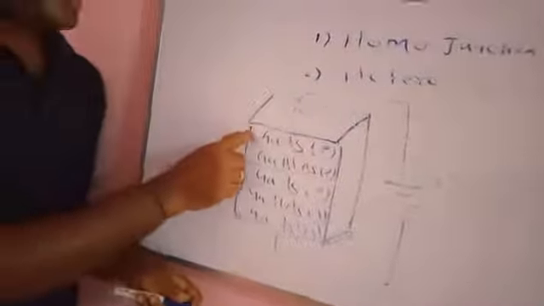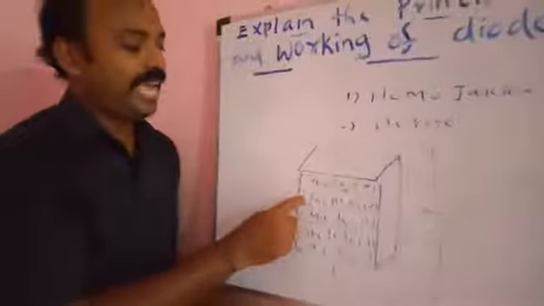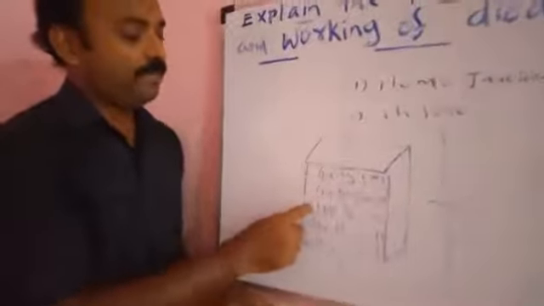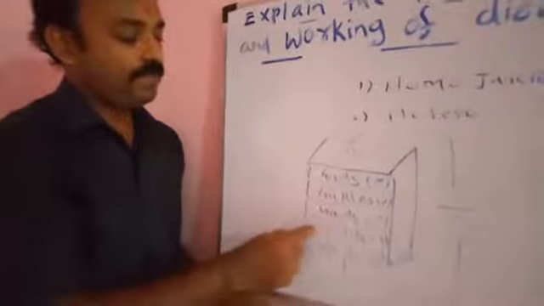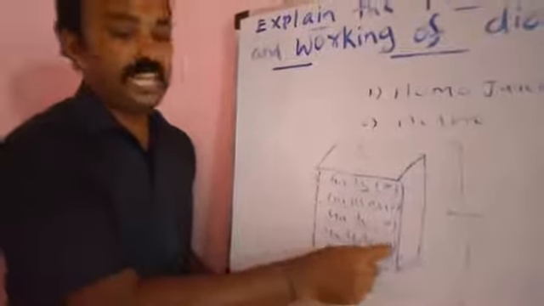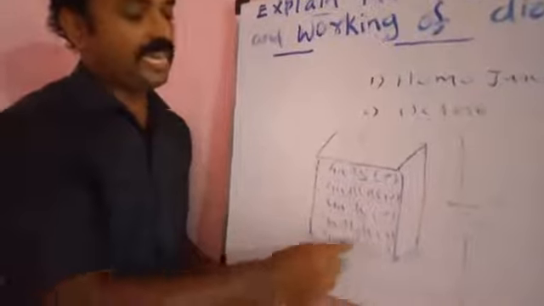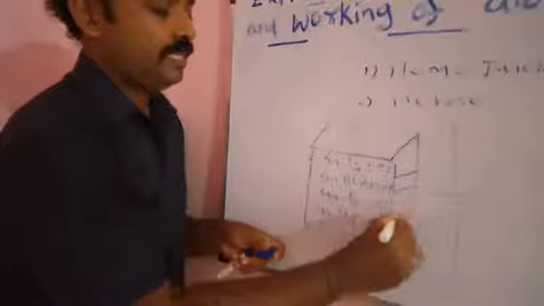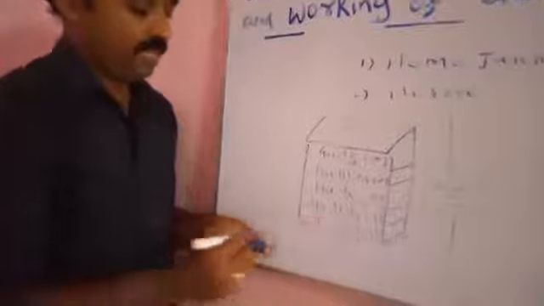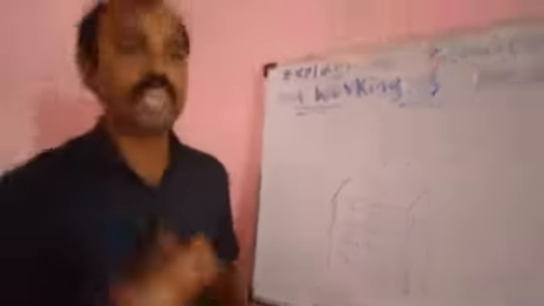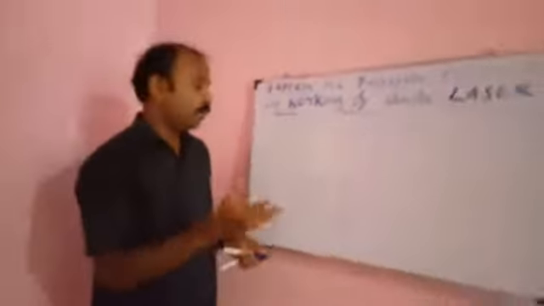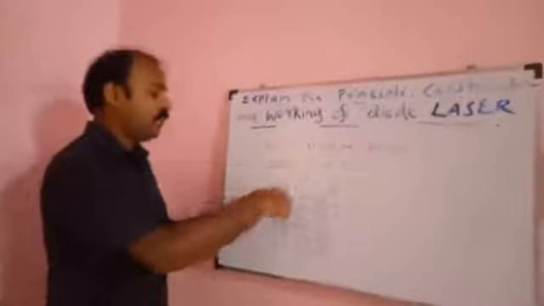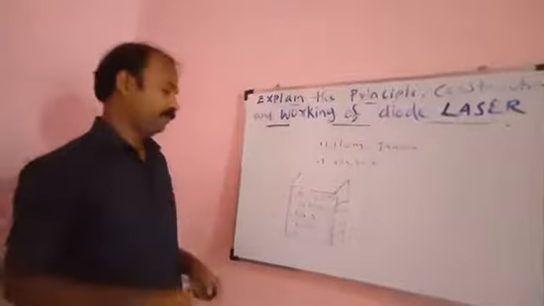Once again: gallium arsenide p-type, gallium aluminium arsenide p-type, gallium arsenide p-type, then gallium aluminium arsenide n-type, gallium arsenide n-type. So these are the five layers. This fifth layer also acts as a substrate, over which all the layers are grown.